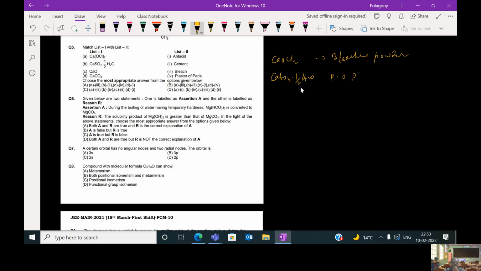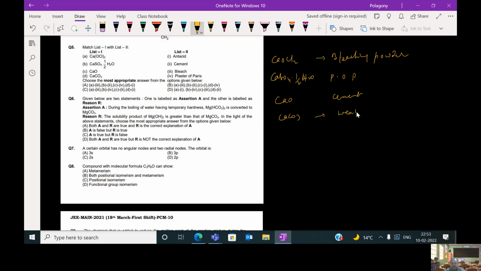And now calcium oxide, which we can use in cement manufacture. And calcium hydroxide can be used as an antacid, a weak base.